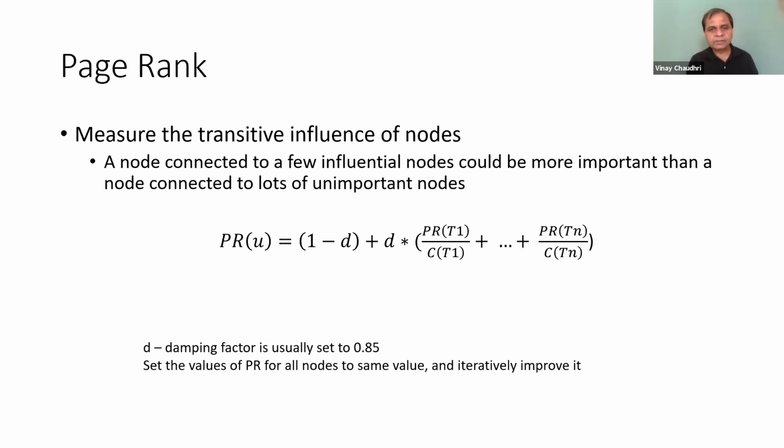It could be even just 1 divided by the total number of nodes in the network. And at each step, we would update the values, and we will keep doing this until the algorithm stabilizes. And again, this is an iterative algorithm, but it seems to work very well for web search. And it's also used quite a bit for identifying central nodes in a complex graph structure.